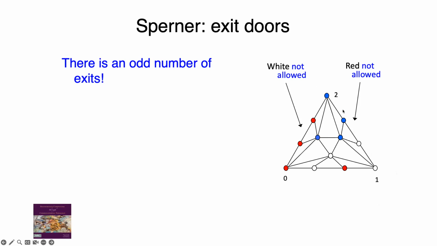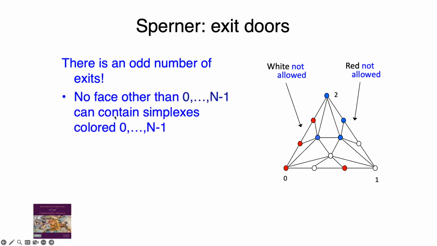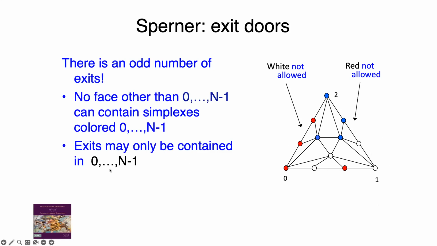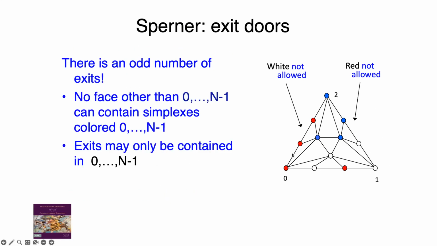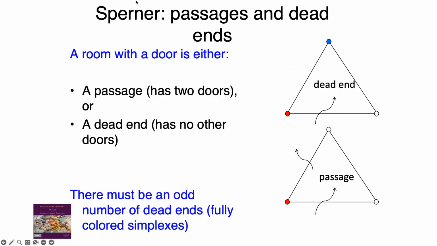They cannot have all n colors from 0 to n-1 on faces other than the face 0 to n-1. And finally, by induction, exits can only be contained in this face, and there is an odd number of fully colored simplexes in this subdivision. Good. So we have an odd number of doors.